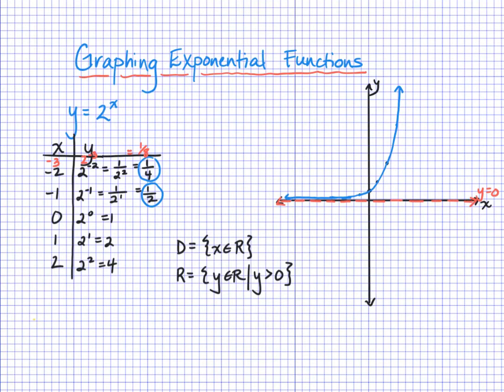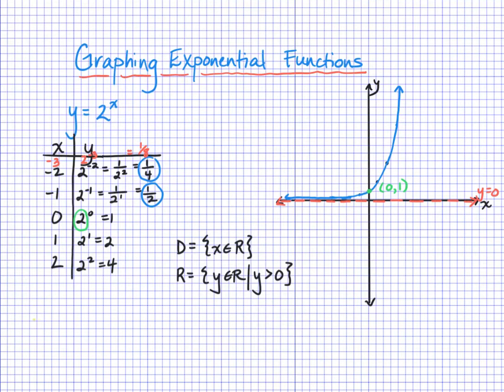Another really important part of this function that we might want to note is the value of the y-intercept. Notice here the value of the y-intercept is (0, 1). And that might be interesting to us because we might notice that that happened because we had the base of our exponential function, 2, raised to the exponent 0.